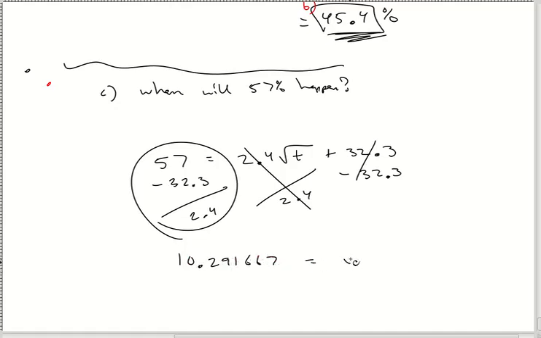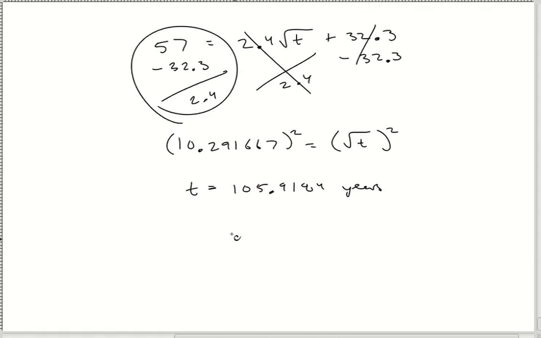10.291667 is equal to the square root of t. To get rid of the square root, we square both sides. And when you square both sides, you do not need a plus and minus. I got 105.9184 years. It's not what they want. They want you to add 1970 to that to find the year. 2075.9.